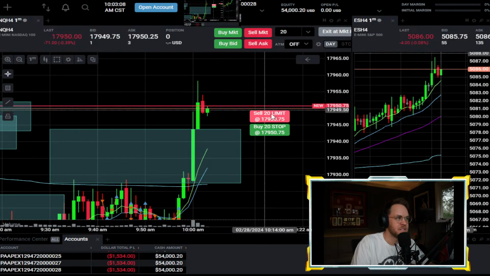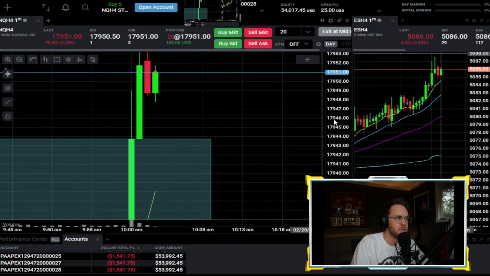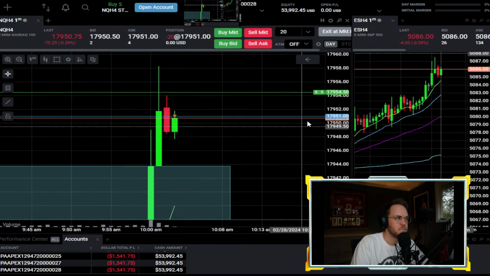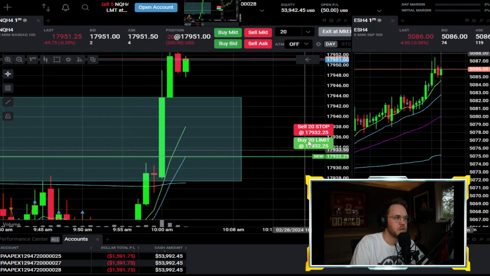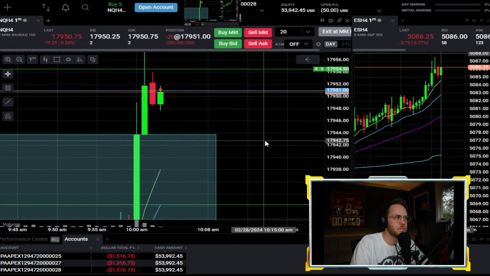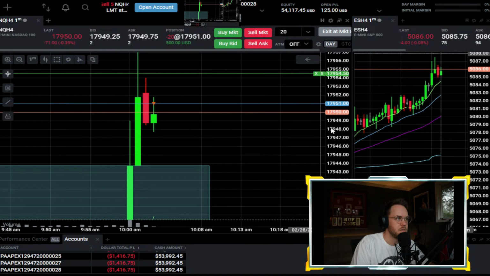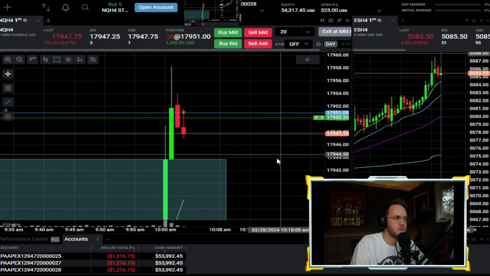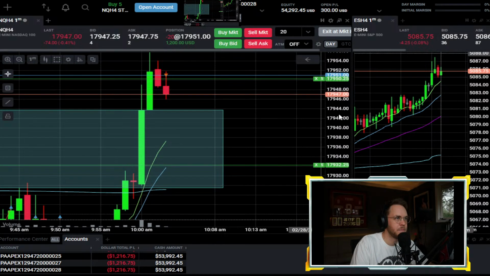Let's see if we can retrace this to the downside off of the 50 level. We're looking at our target at 32 down here, right at the bottom of this range. This is very much an ICT trade, a fair value gap trade.